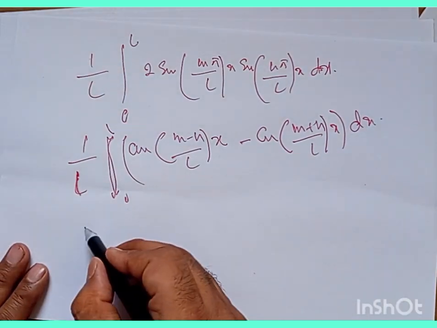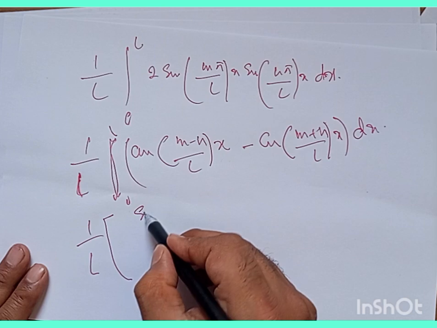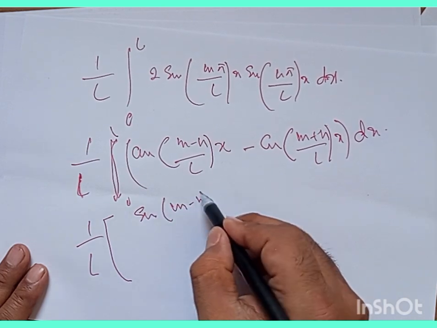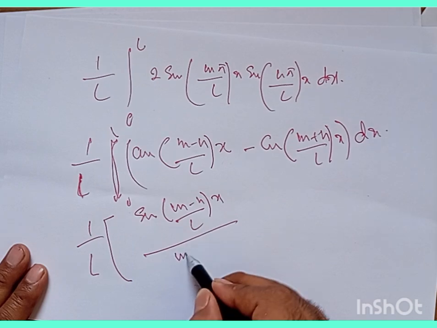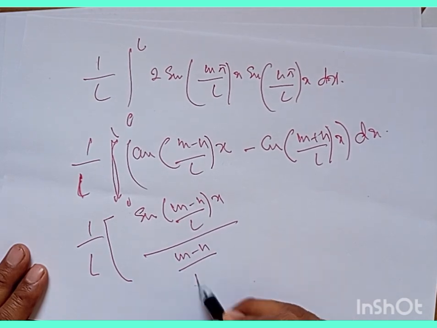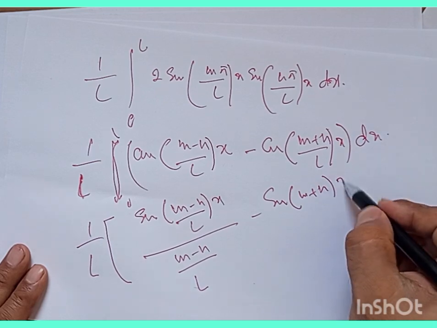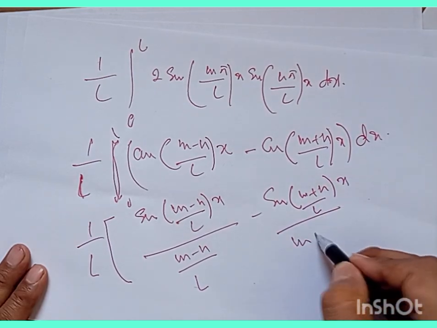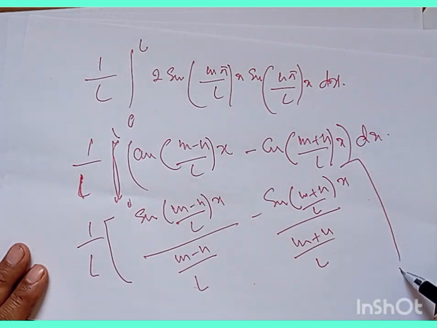And then once we integrate it, what we'll get is 1 by L, and then cos will give you sine of (m minus n) pi by L of x, divided by (m minus n) pi by L, minus sine of (m plus n) pi x by L, divided by (m plus n) pi by L. All right, so the limit of integration will be from 0 to L.